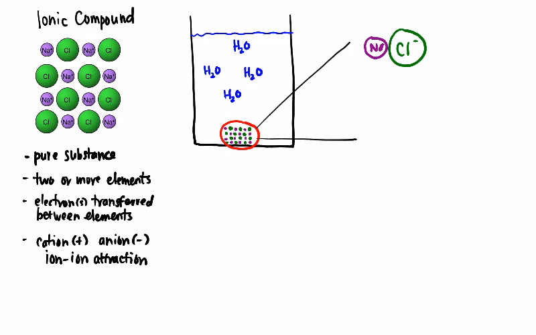Now, remember from Unit 1, we know that water is a polar molecule because of two reasons. First reason being that water is bent or a V shape because of the VSEPR formula, AX2E2, of the two lone pairs that are on the oxygen atom.